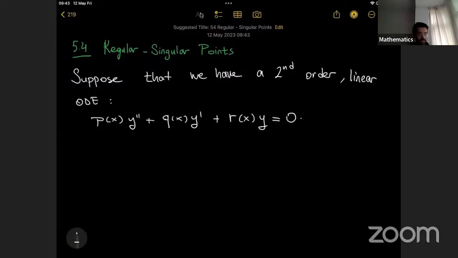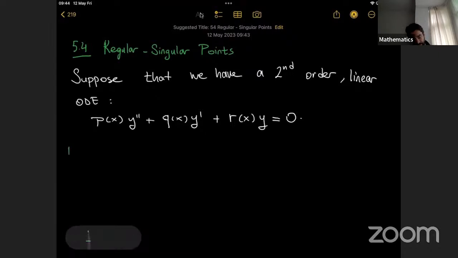So we have a homogeneous second order linear ODE. The coefficients are not necessarily constant. They can be functions of x. Again, we will talk about power series solutions now, but let's first talk about what a regular singular point is.